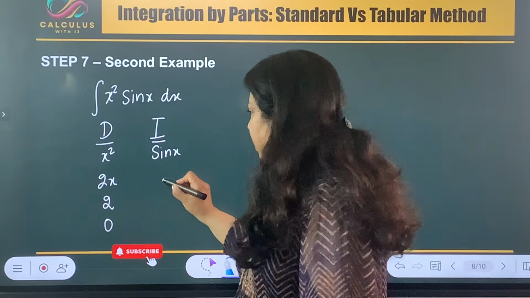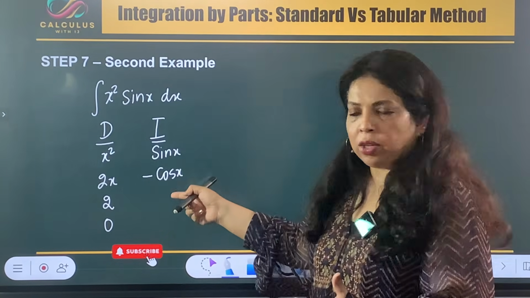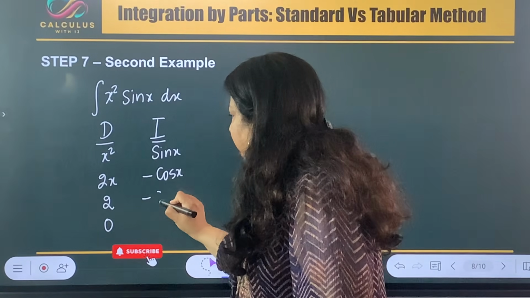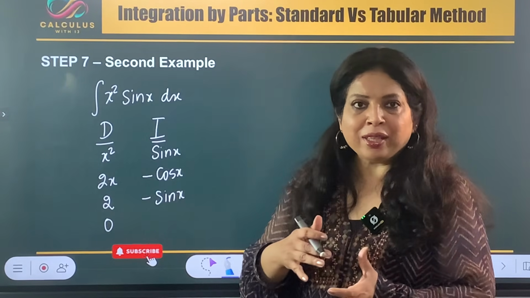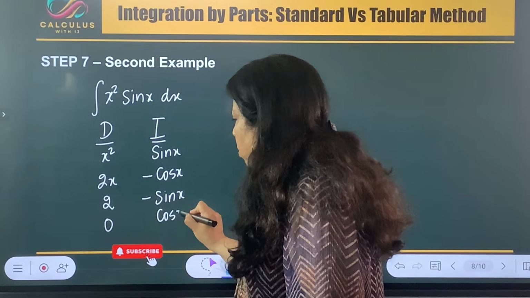And let's take the integral of these functions. Integral of sin x is minus cos x. Integral of cos x is sin x, but since it is minus cos x, this becomes minus sin x. Again, integral of sin x is minus cos x, so minus minus becomes plus, so this is plus cos x.